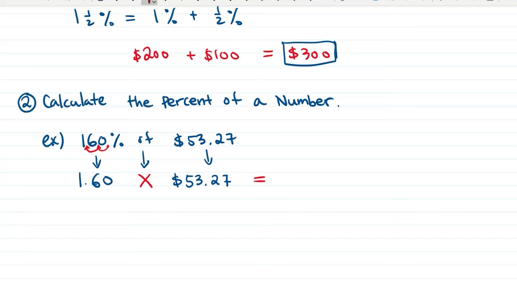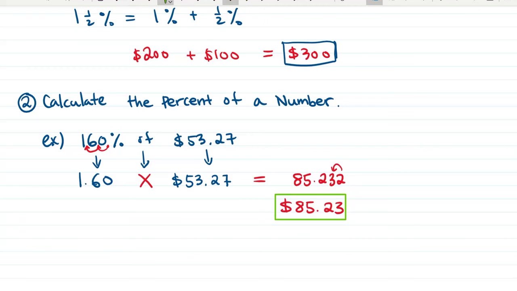And the answer is 85.232. Okay, but this one is in currency, so it's in dollars. So that means we would have to round it to 2 decimal places. So 2 is less than 5. So the answer is $85.23. That's the answer for that one.